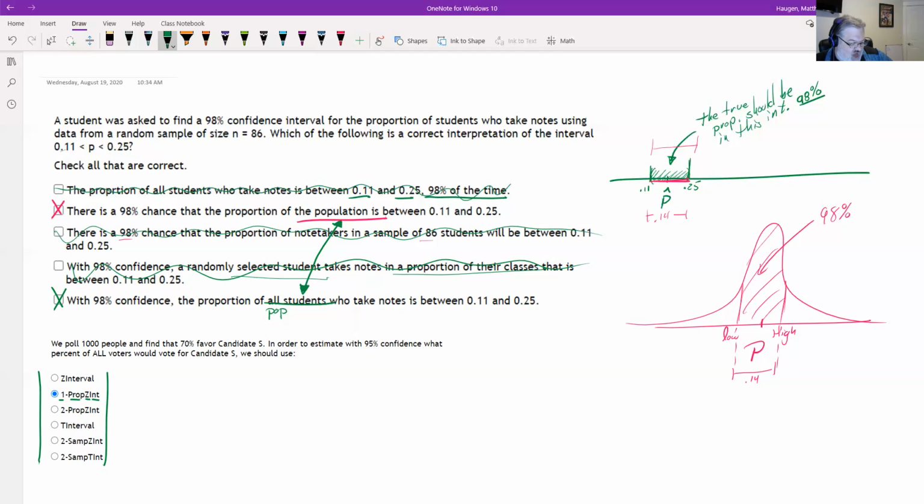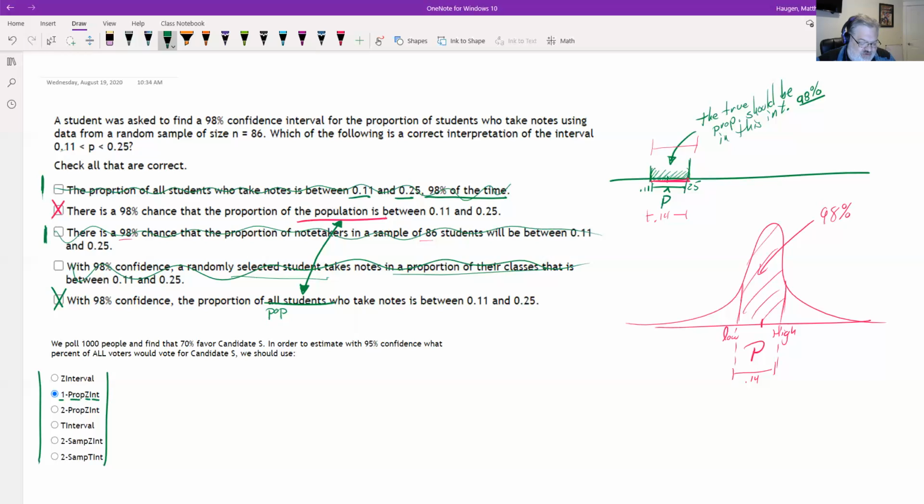Probably the most common kind of misinterpretation are ones like this second one or this first one. Like 98% of students will take notes between 11% of the time and 25% of the time. That kind of misinterpretation.